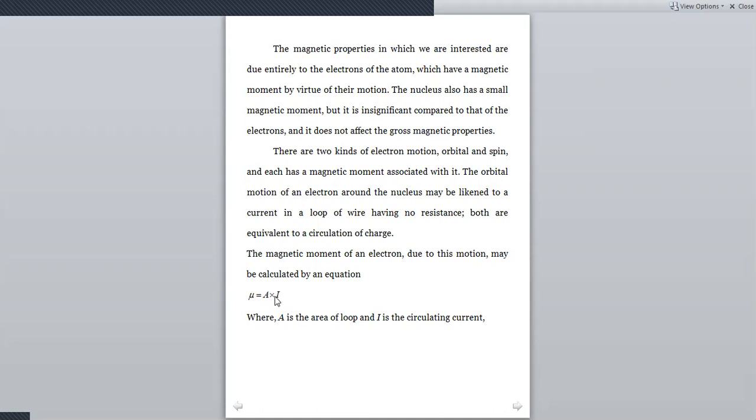According to the Biot-Savart law, a circulating current produces a magnetic field. The magnetic moment of the electron due to its motion may be calculated by the equation mu equals A into I, where A is the area of the loop and I is the circulating current.